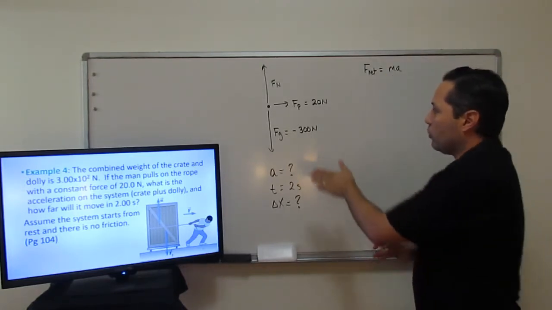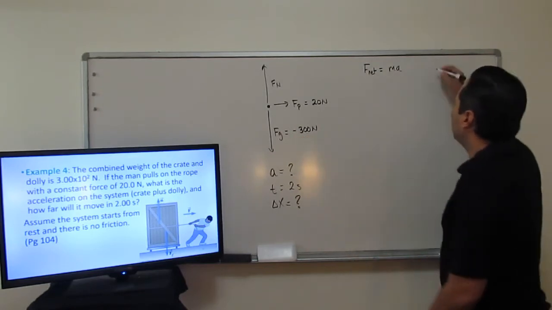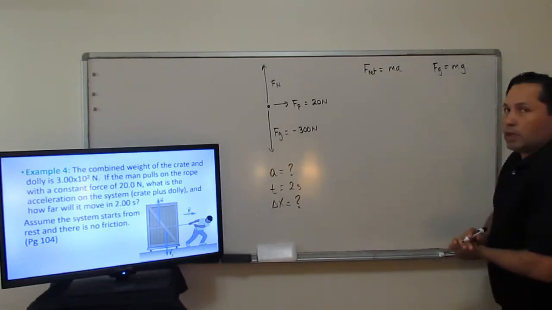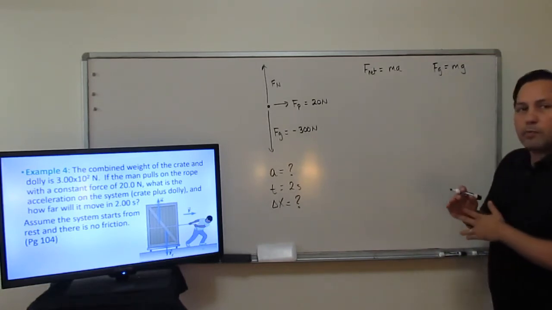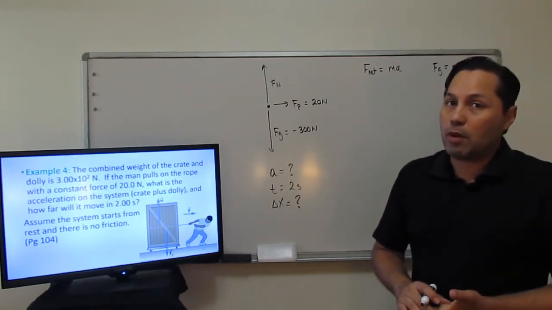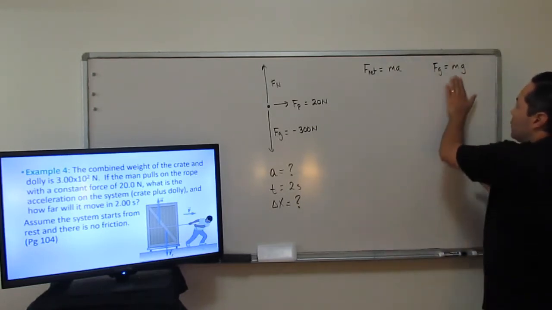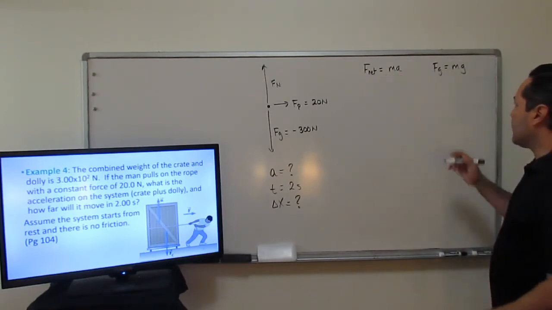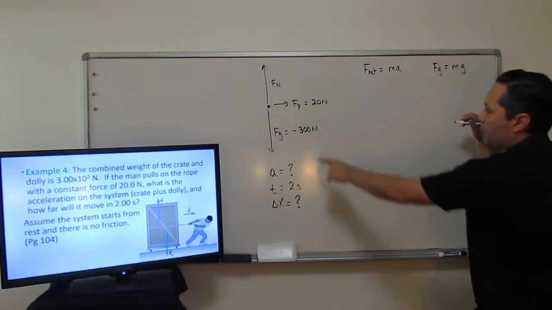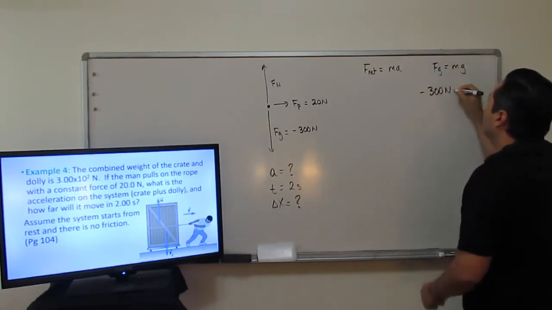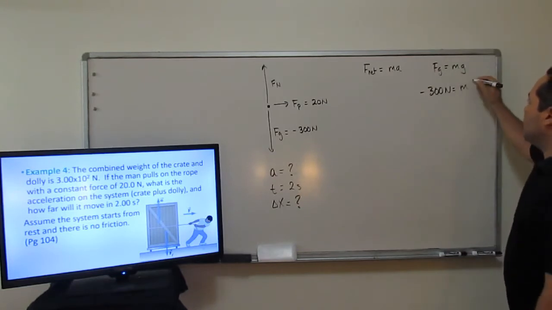We're going to use the force of gravity to solve for that. Force of gravity is just mass times gravity. We know gravity is 9.8 meters per second squared, but we're just going to use 10.0 to keep the math simple. Once we have the mass, I'll substitute it in to get the acceleration of the system on the x-axis. Our force of gravity was 300 newtons, and the acceleration due to Earth's gravity is 10 meters per second squared.